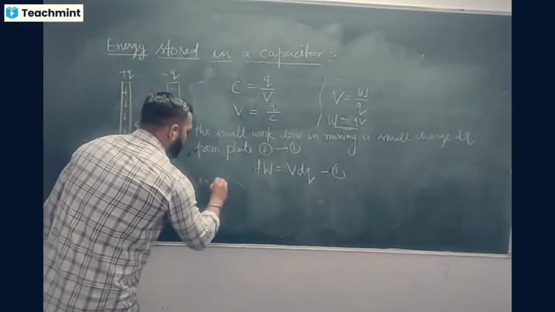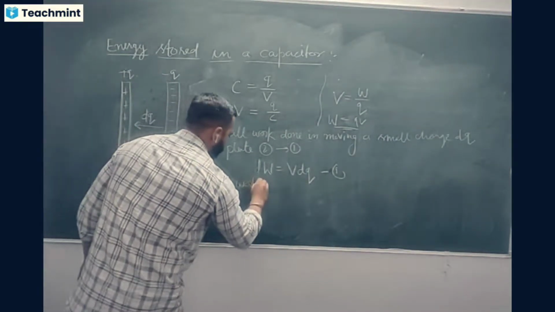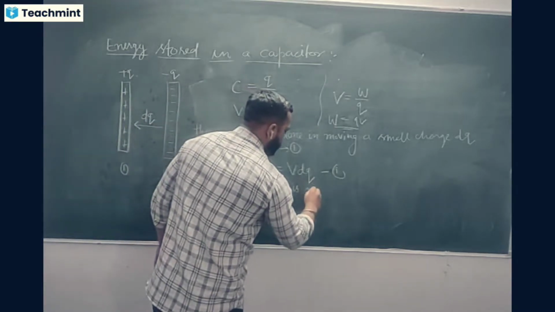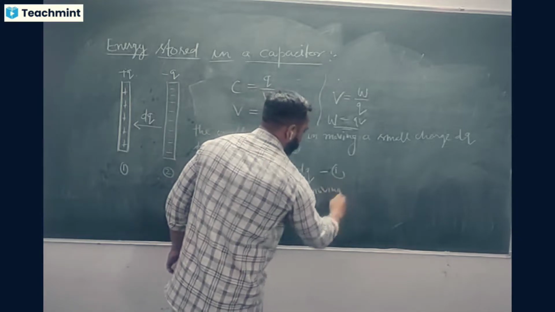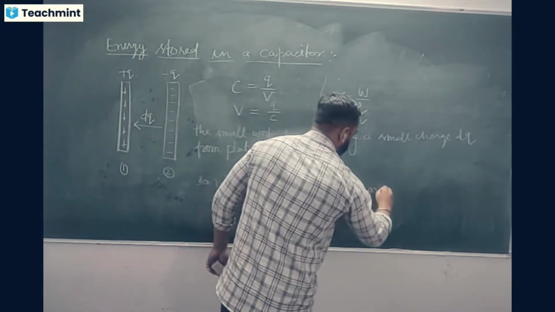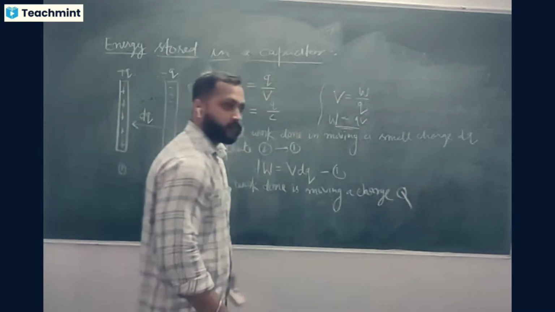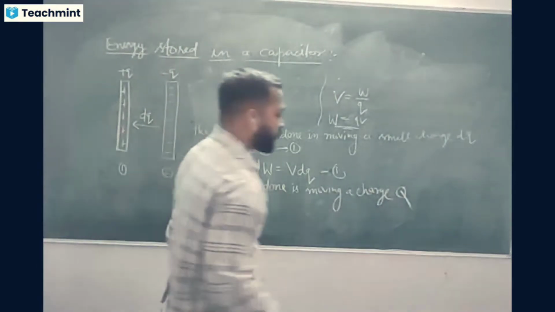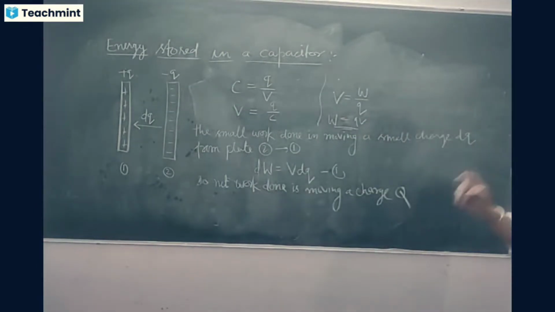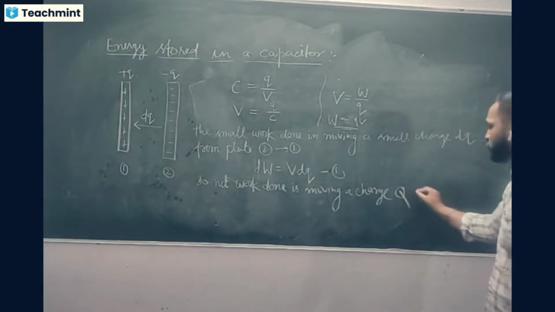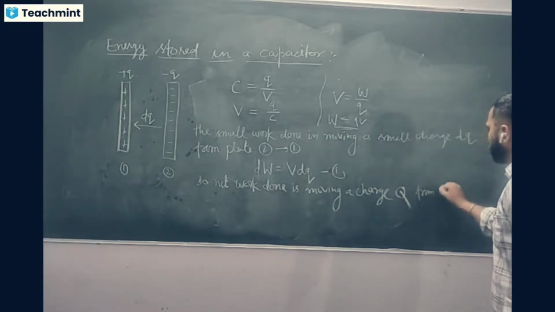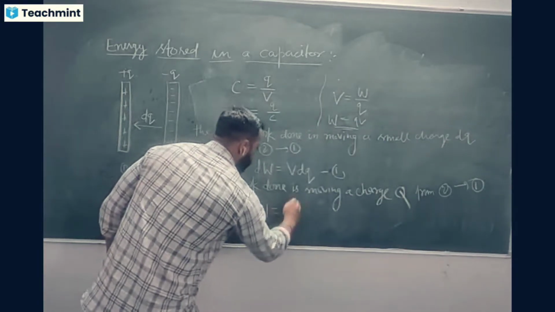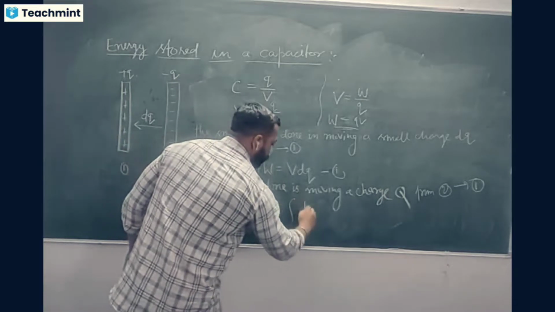Now the net work done in moving a charge, capital Q, a large amount of charge, from plate 2 to plate 1 will be given as W equals the integration of dW.